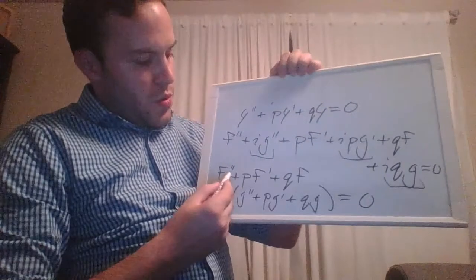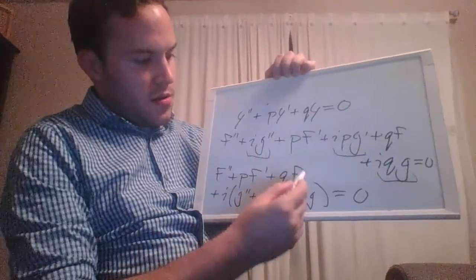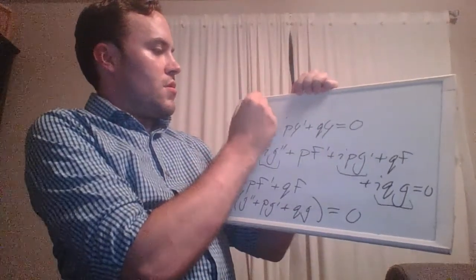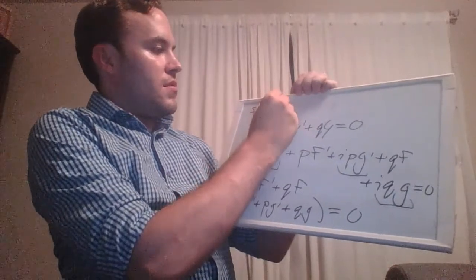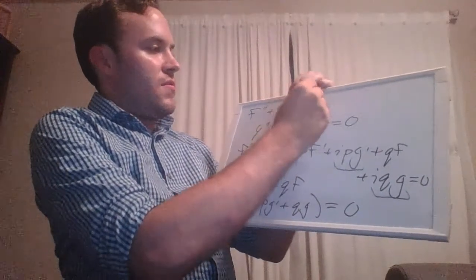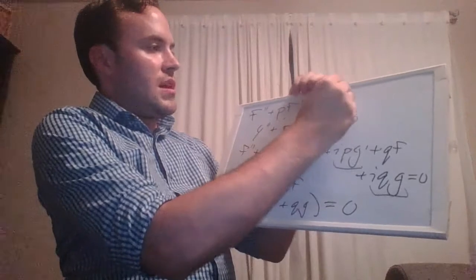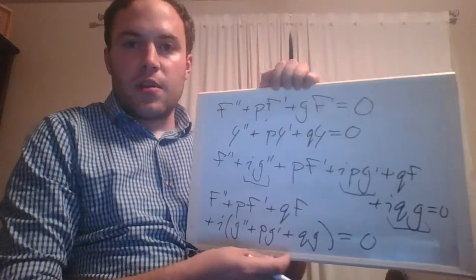And so if we write down what this means explicitly, if we write down what this means, we need the real part to be equal to 0. So f double prime plus p f prime plus q f must be equal to 0. Right?